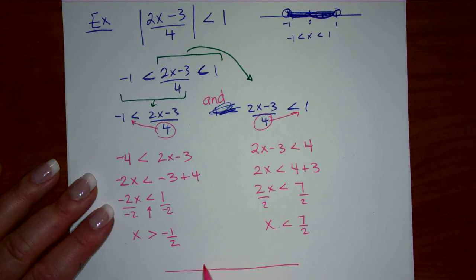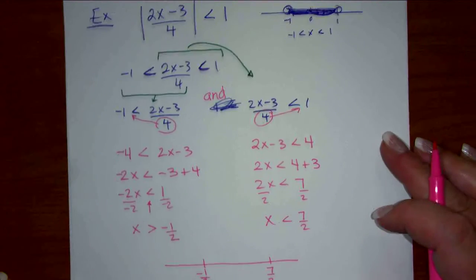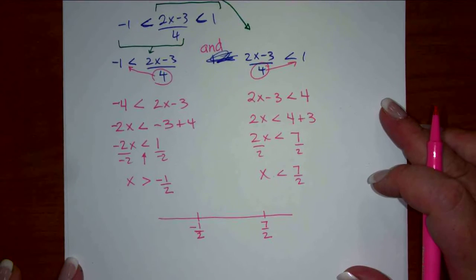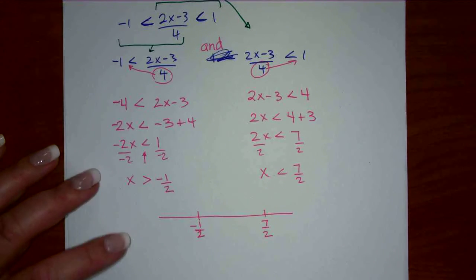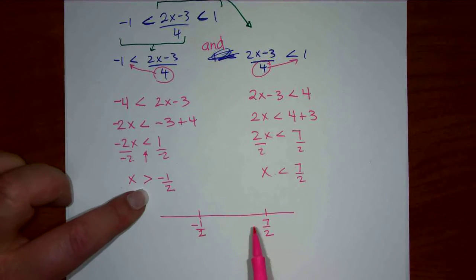So minus a half is smaller than 7 over 2, and greater than negative 2.